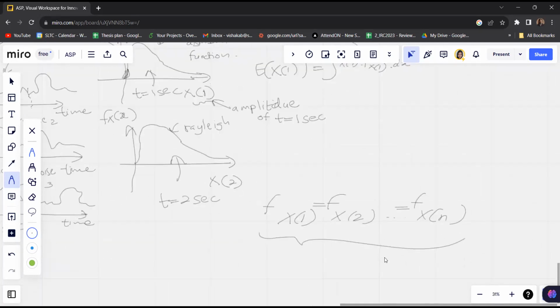Stationary random processes have the same probability density function at each random variable, the same function to denote their probability of occurring.